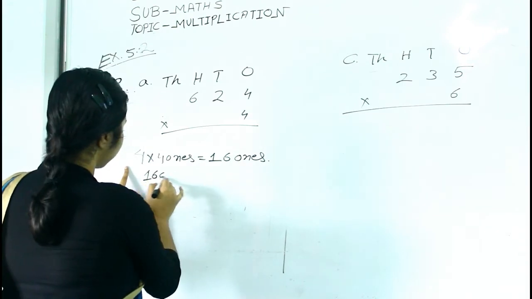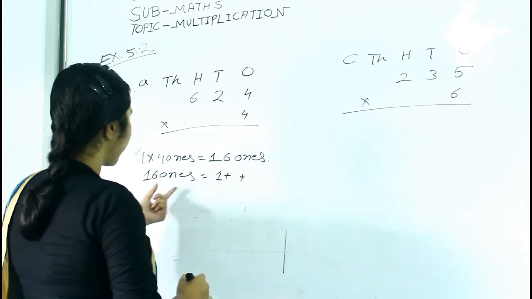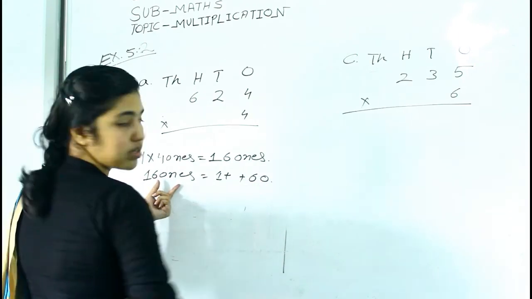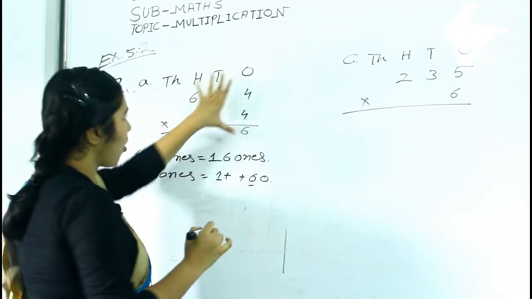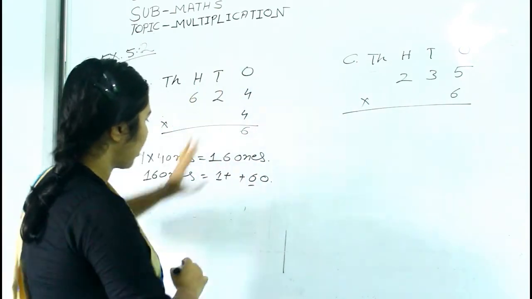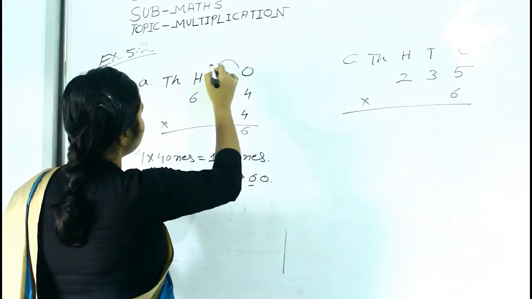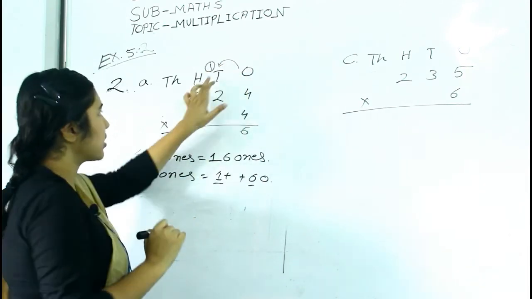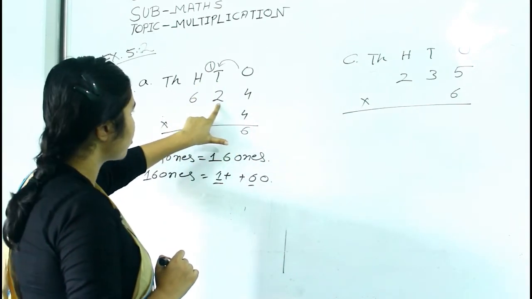Now we can write 16 ones as 10 plus 6 ones, right? Now write 6 in the column of the ones place and carry this 1 to the tens place.